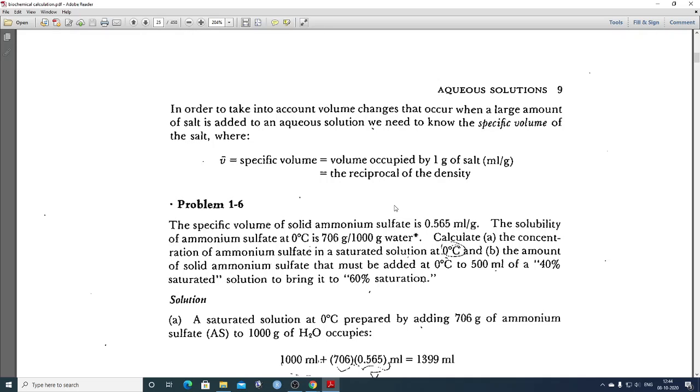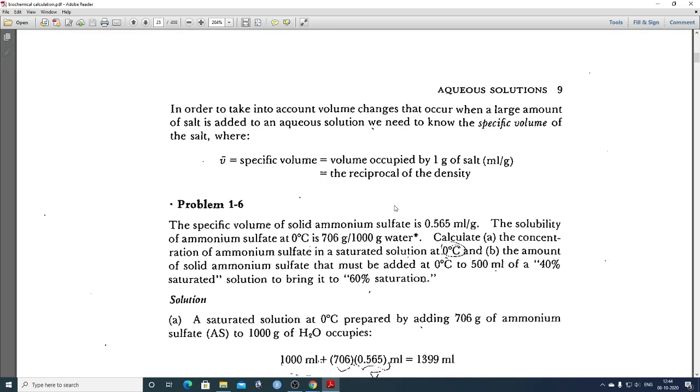Specific volume, mu zero, is equal to the volume occupied by 1 gram of the salt. So how much ml volume will be occupied by 1 gram of salt? That is the specific volume. Okay, that is the reciprocal of the density.